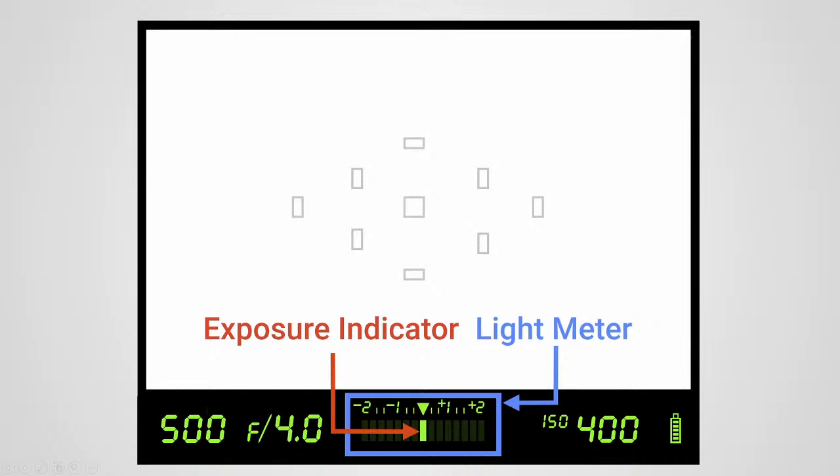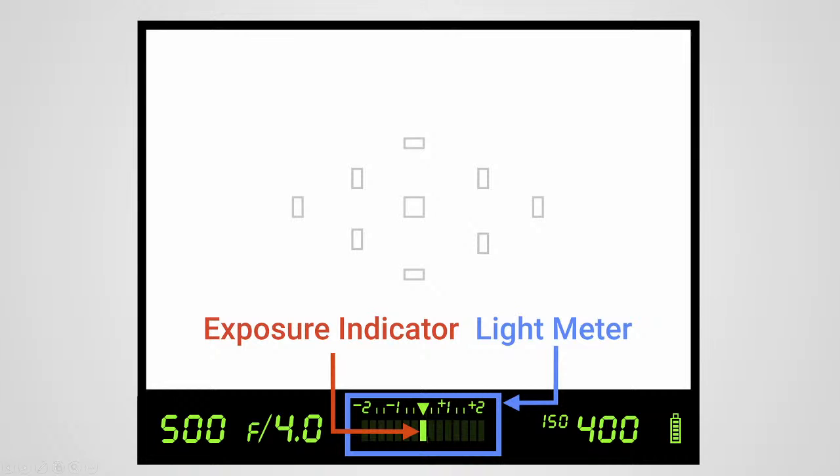This indicator, as you change your shutter speed, which in this case is 500, or the aperture, which in this case is f4.0, or the ISO, which is 400. When you change any one of these parameters, the meter moves either to the left, showing that it is underexposed, or to the right, showing that it is overexposed.